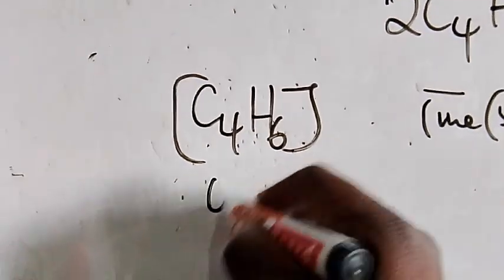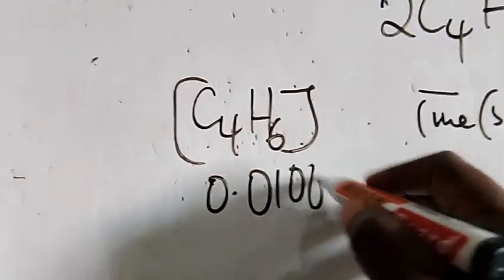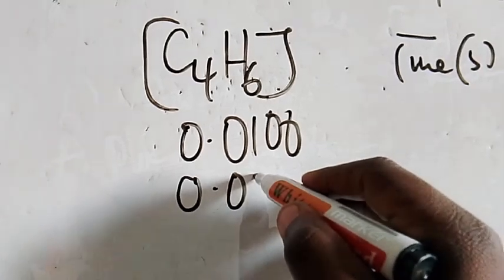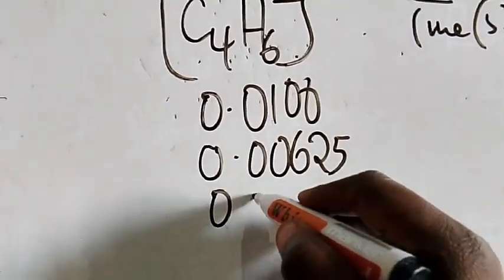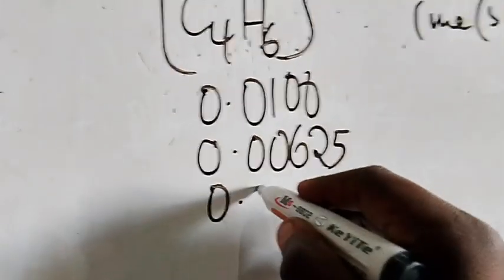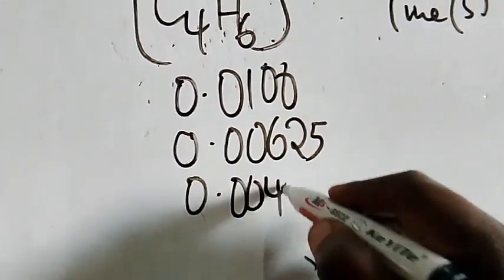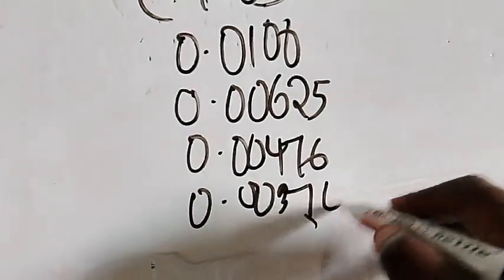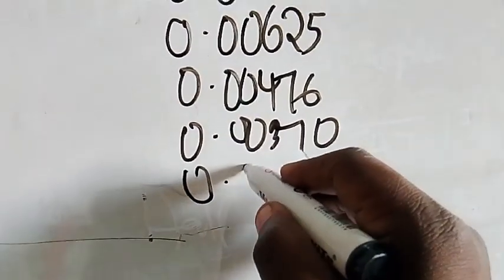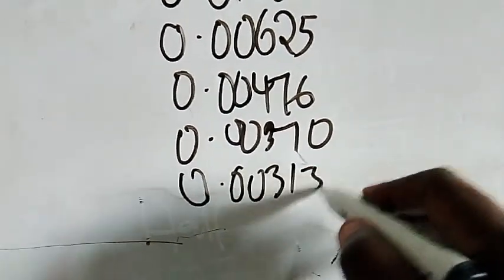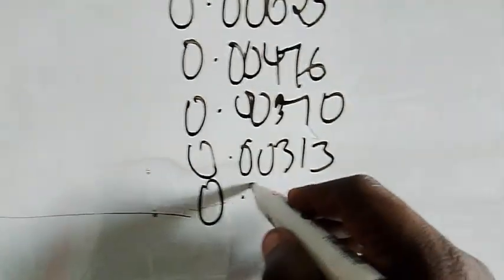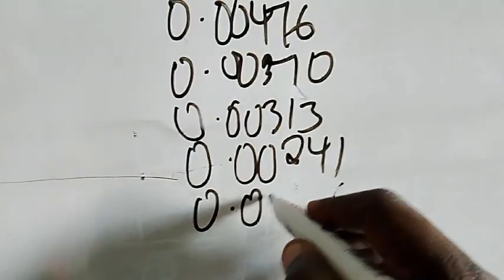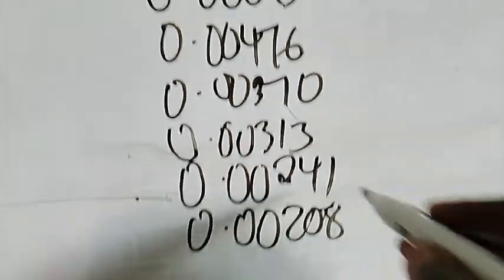We have 0.0100, 0.0625, 0.00476, 0.00370, 0.00313, 0.00241, 0.00208.